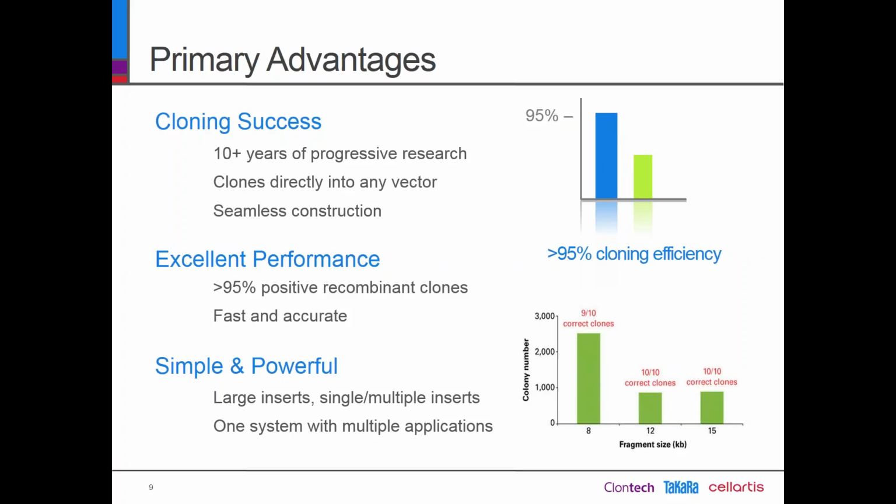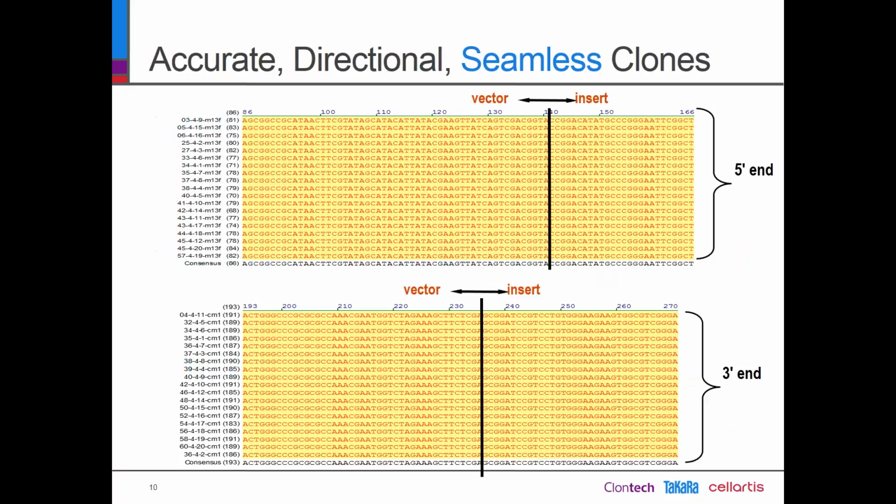So this is what we'll see in more detail in the next slides. But just to say that with one system, you can do all of it. So it's quite a versatile tool. You don't need any specialized kit for each of the different cloning projects.